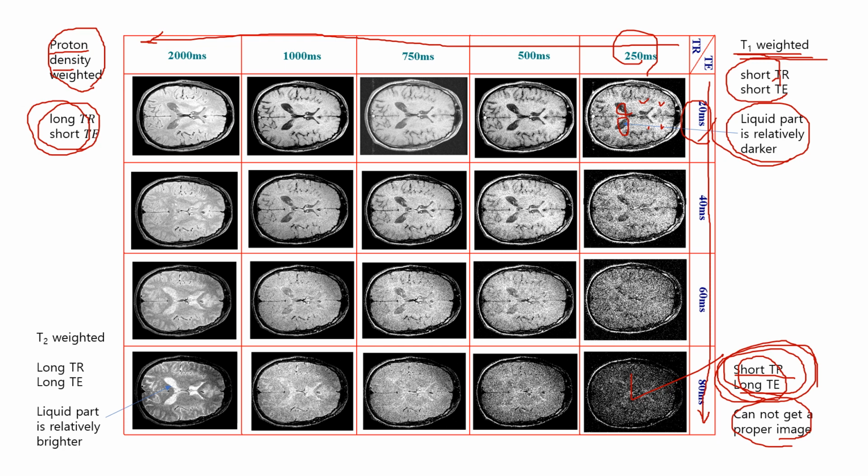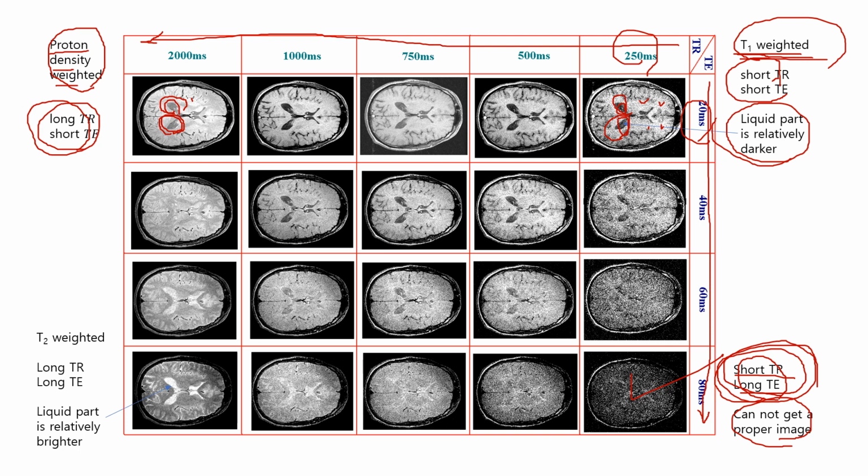In this proton density weighted image, the liquid part becomes brighter than the liquid in the T1 weighted image. So we can check this, right? The CSF part here, the CSF part over here. So liquid is a little brighter than liquid in the T1 weighted image.